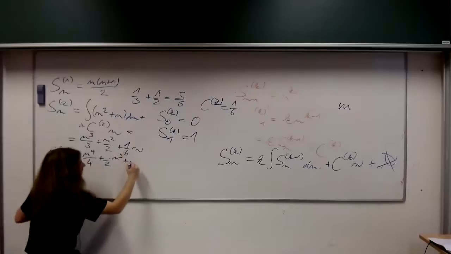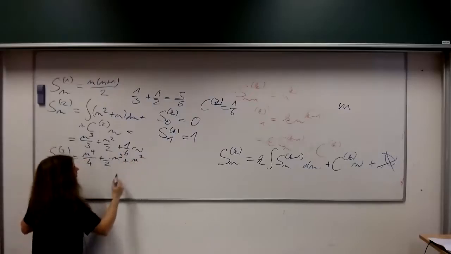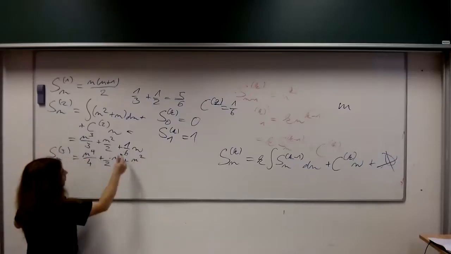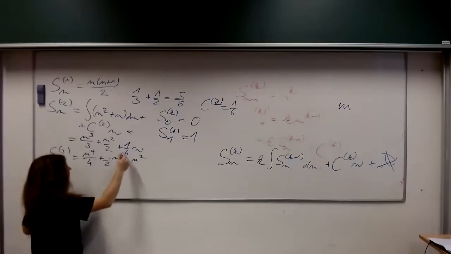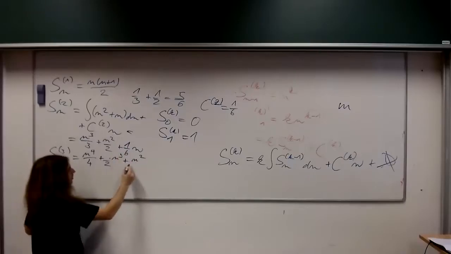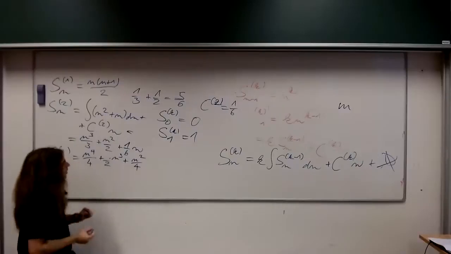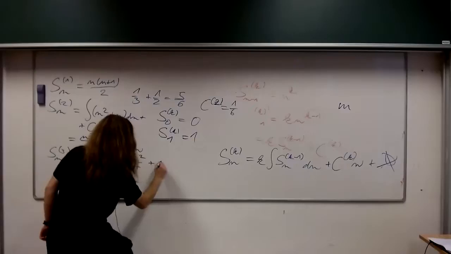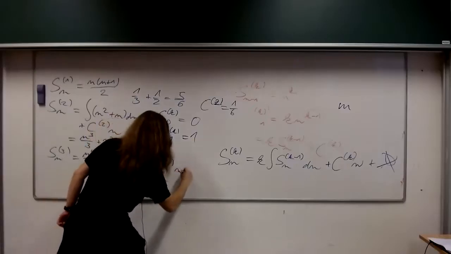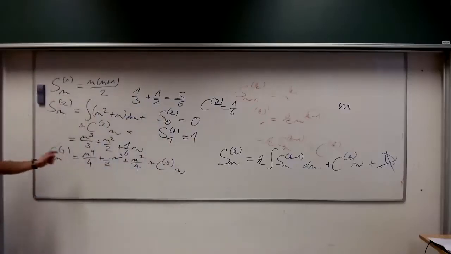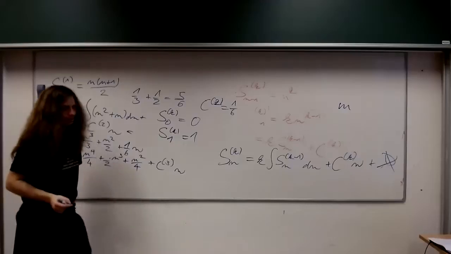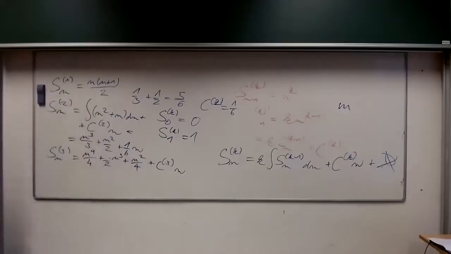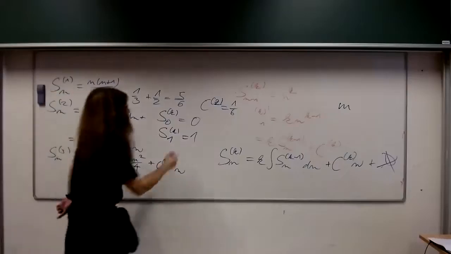Here we get n squared, and here we multiplied by 3, so a 2 was left down below, and we have this. And then we have, of course, c3 times n. And here we have 1/4 and 1/2 and 1/4. So that's already exactly 1. So the c3 is 0.